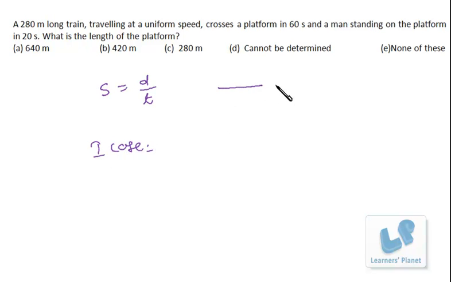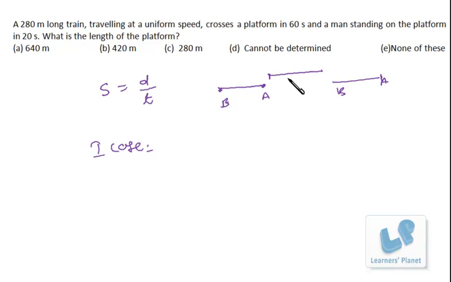First case, suppose this is a train and this is a platform. Ultimately this train has to cross this entire platform. Suppose this is A and B, after crossing this will be the situation. That means the total length which this train has to pass is from starting from this point to this point.